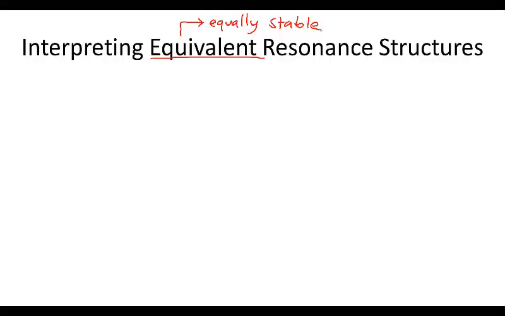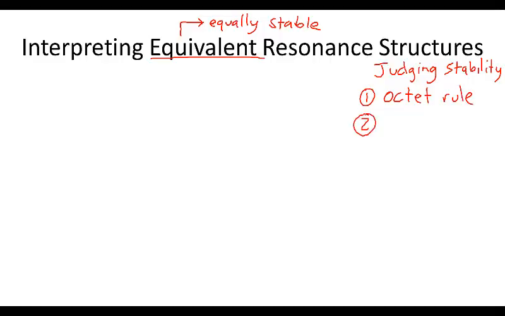And to judge stability, we would use the same 3 rules we've always used to judge stability. 1, octet rule. 2, minimizing formal charge. And 3, putting formal charge based on electronegativity. So to judge stability, it's still the same three rules in order from most important to least.